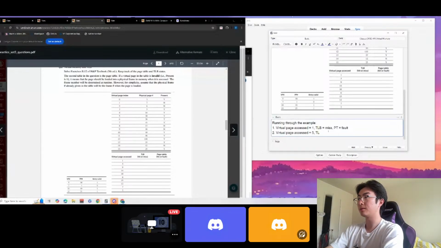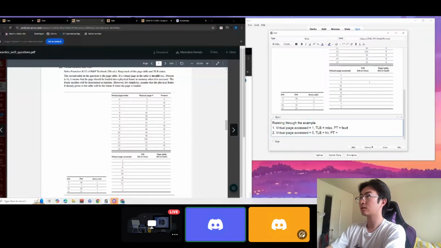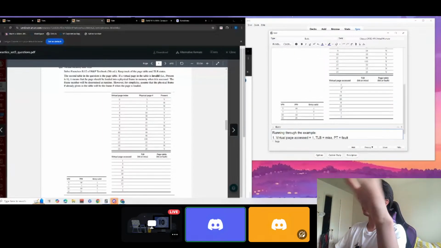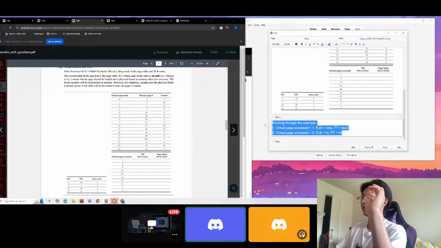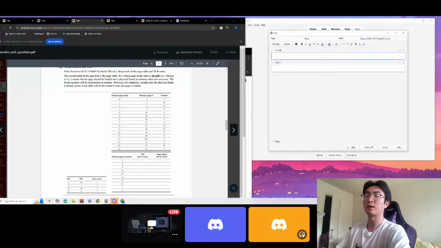But let's say TLB is equal to hit, PT, so page table, is equal to hit. Yeah, if this is it, I don't want to go through all of this because it seems pretty manual. So I'm just going to add this for now and come back to it.